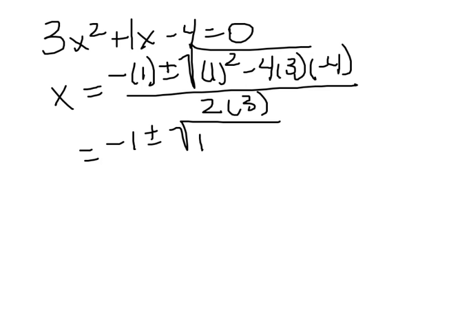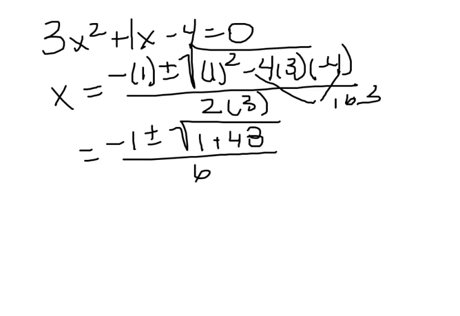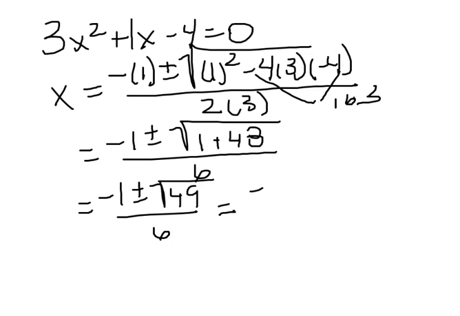Negative 4 times negative 4 is actually positive 16. And then positive 16 times 3 is a positive 48. And that's going to all be over 6. So that gives me negative 1 plus or minus the square root of 49 all over 6, and that equals negative 1 plus or minus 7 over 6.